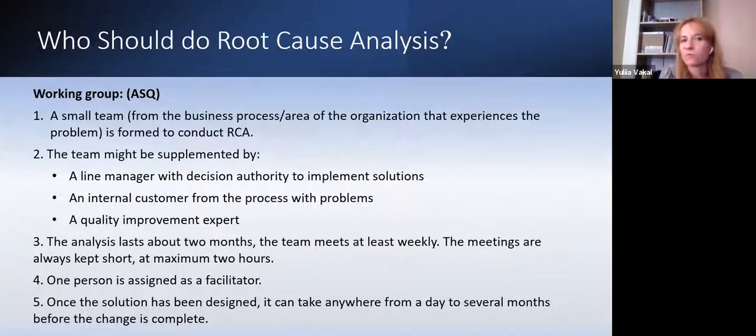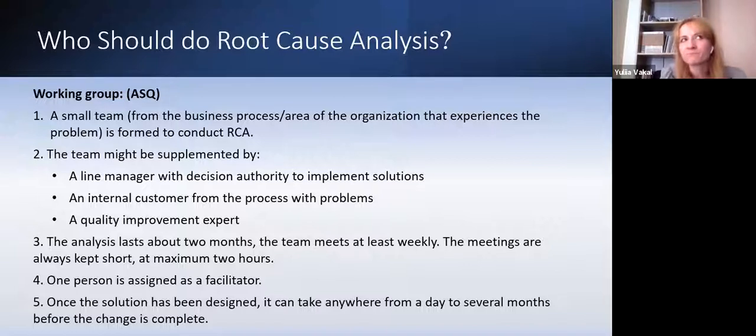If you have a working group, it shouldn't be a big team; you can start with a small team. It should be people who are involved in the problem within the organization. A line manager could also join, some internal customer if needed, depending on the organizational problem, and a quality improvement expert.